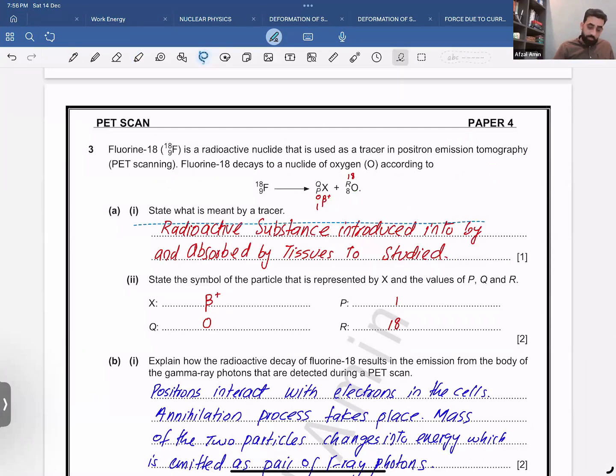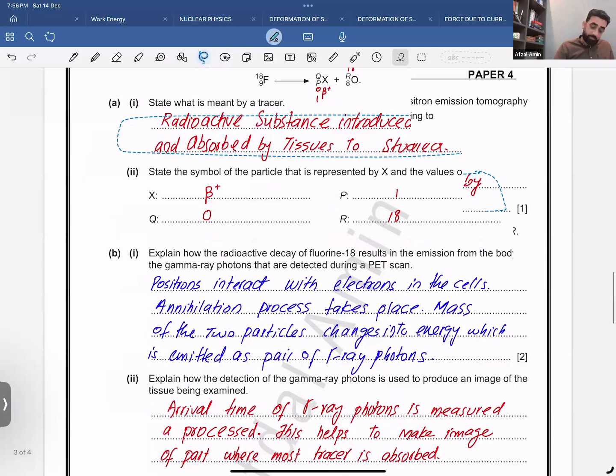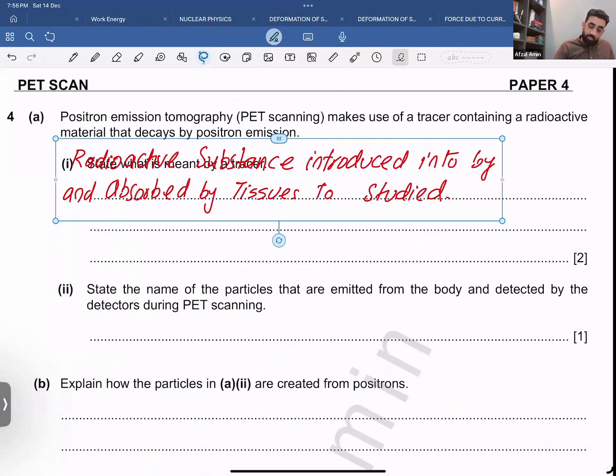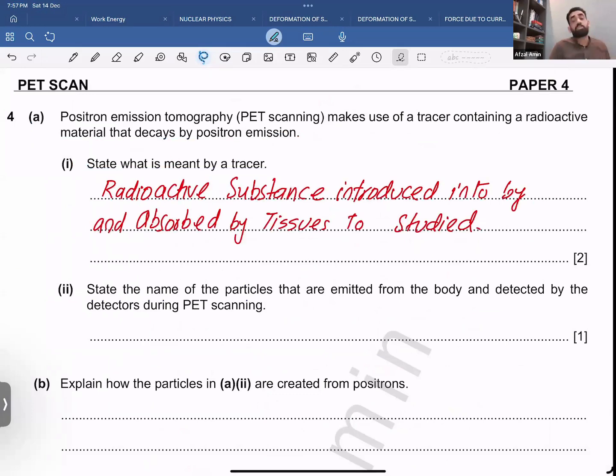A tracer is a radioactive substance introduced into the body, absorbed by the tissues to be studied. State the name of the particles that are emitted from the body and detected by detectors during PET. At least you know them: gamma ray photons.